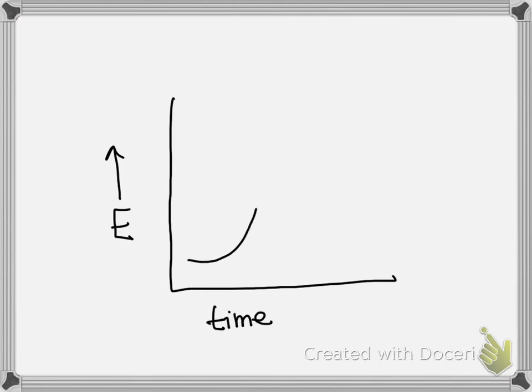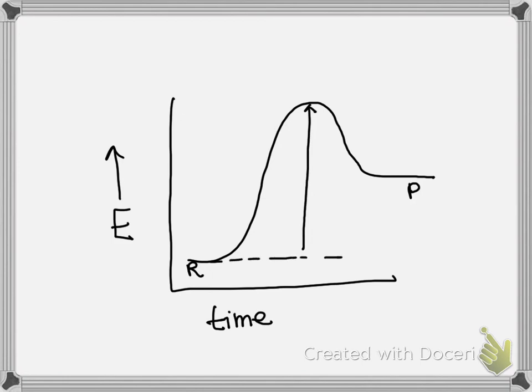So I'll draw an endothermic reaction like this. So remember, these are my reactants here. These are my products here. This peak, from where my reactants start to the top of the peak, is called my activation energy. Now if I added a catalyst, what the catalyst does is tunnel through this. It finds an alternate path, and so my activation energy lowers.